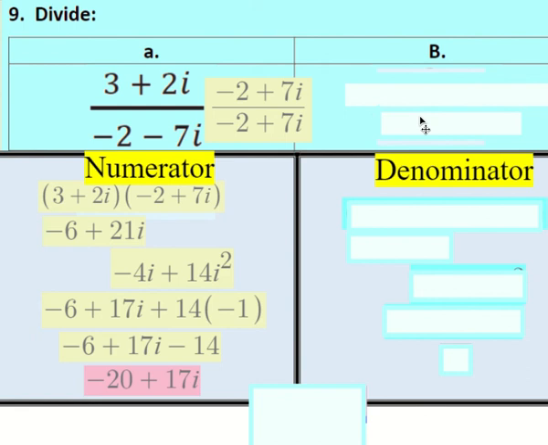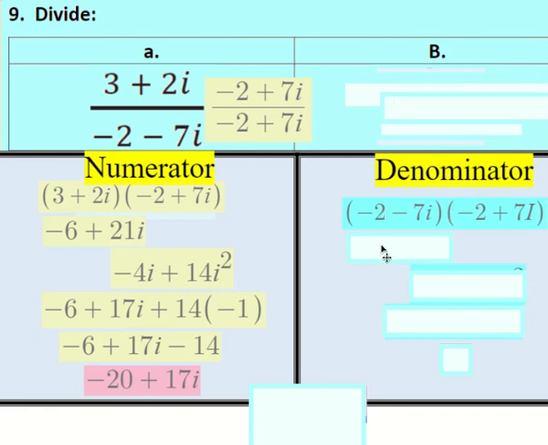That's the numerator. Now for the denominator, and this is where the magic actually happens, negative 2 minus 7i times negative 2 plus 7i. Now here, when we distribute that negative 2, we get a positive 4. And negative 2 times positive 7 is negative 14i.